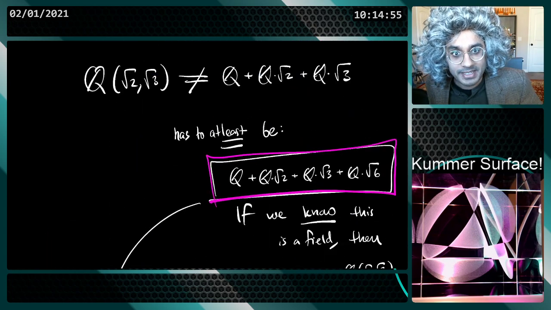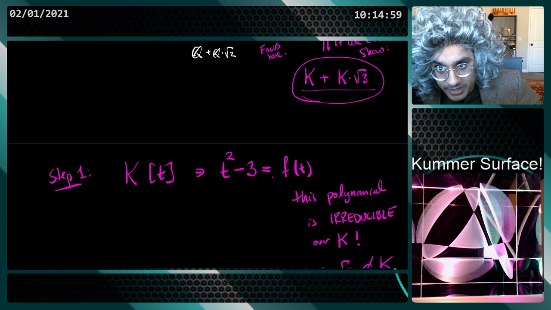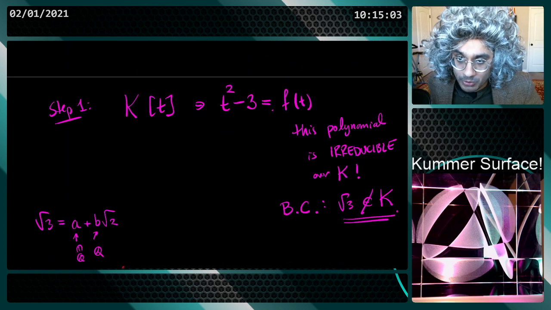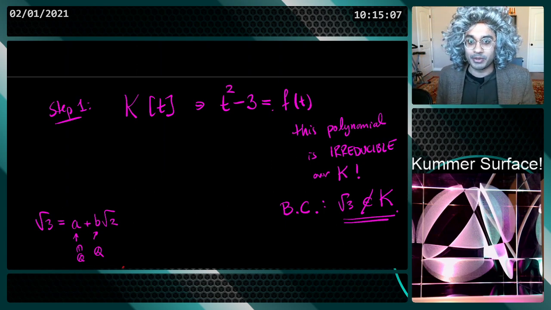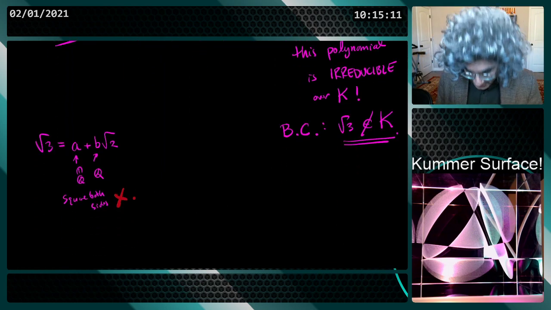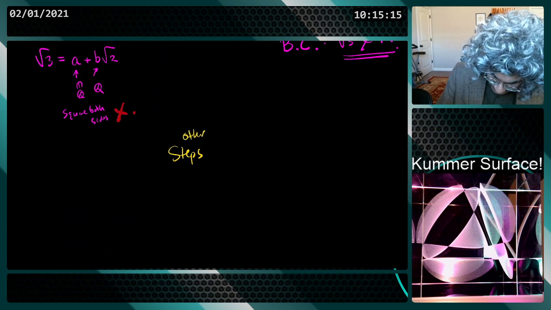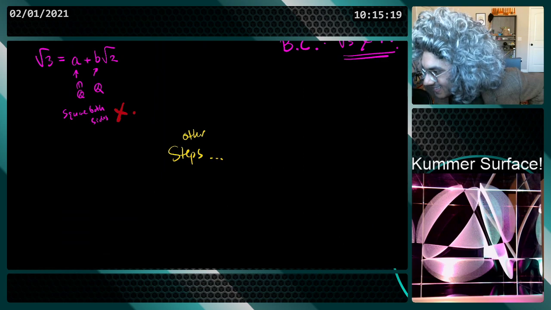Boom. Same exact argument. Every one-variable polynomial ring over any field conceivable is a principal ideal domain. So that's the power of abstract algebra. All right, so then all the other steps just flow out. Okay? Great.